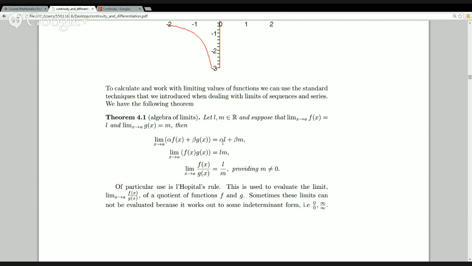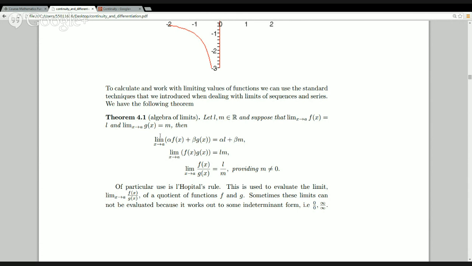So that was a bit of a detour. On a basic level, we can use these results about the behavior of the limiting operator with regard to the operations we can do with functions.